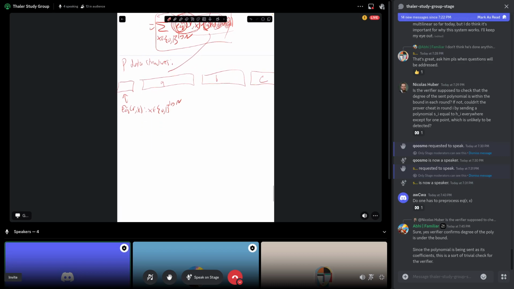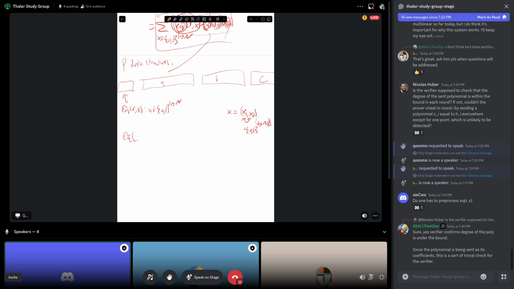But it turns out that while little a, little b, and little c are totally unstructured, and in general could be arbitrary vectors, EQ twiddle is incredibly structured. In particular, I can take x and split it in half, so I can write it as x1 comma x2, where each of these is in {0,1}^(log n / 2).